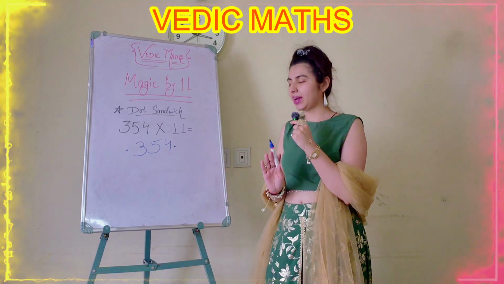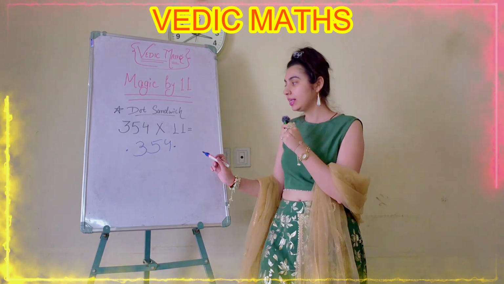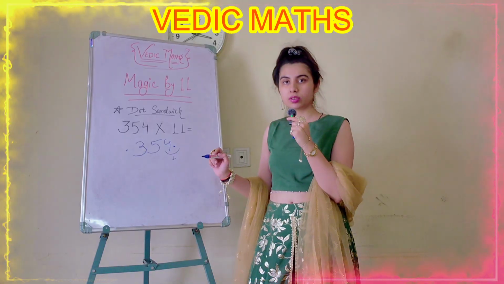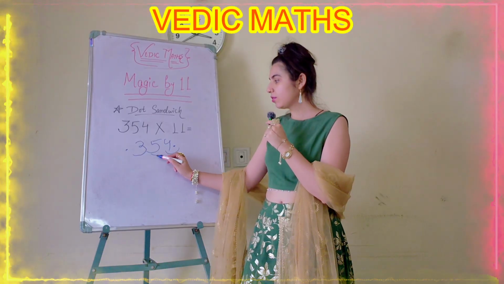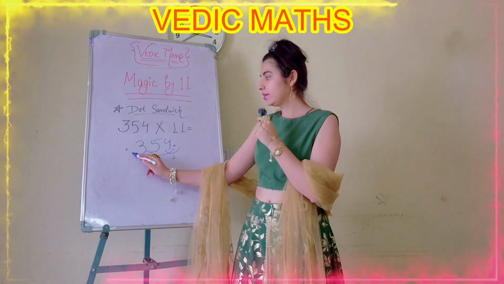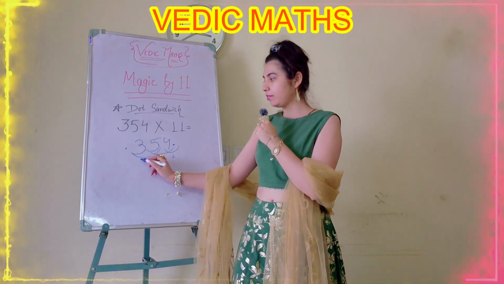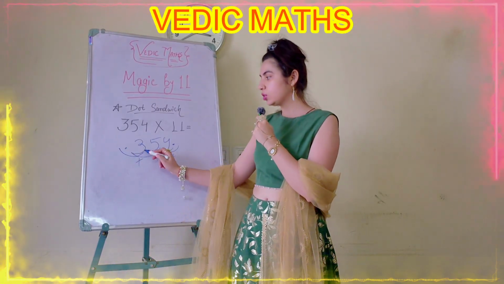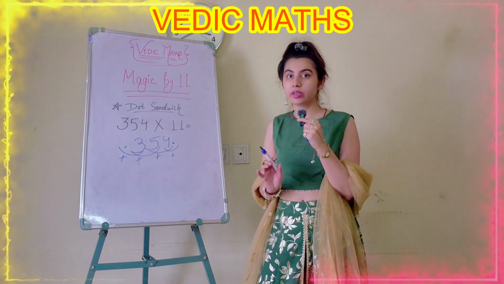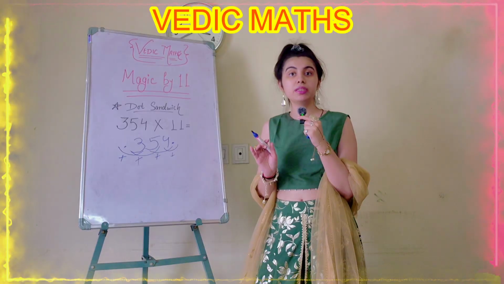Now what we have to do is add: 4 plus dot, then 5 plus 4, then 3 plus 5, then dot plus 3. Here dot means 0. Dot doesn't have any number, so dot means 0.